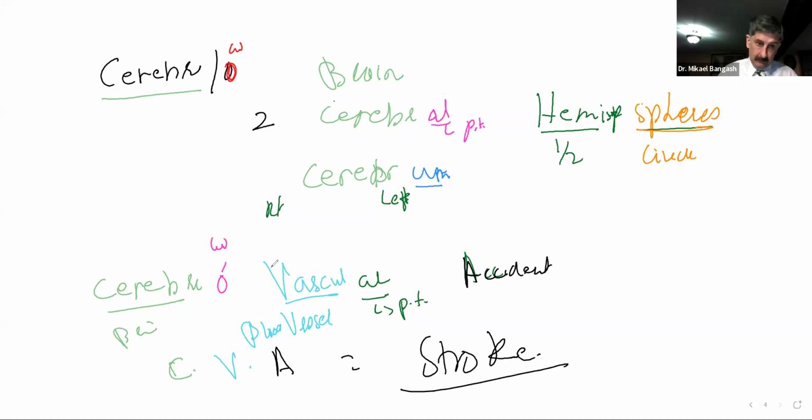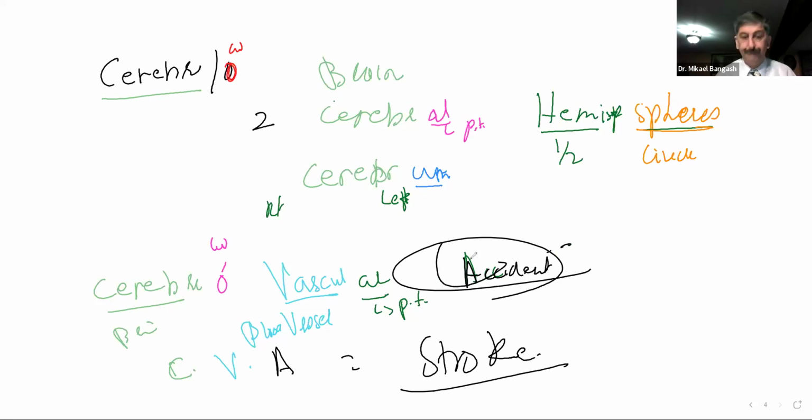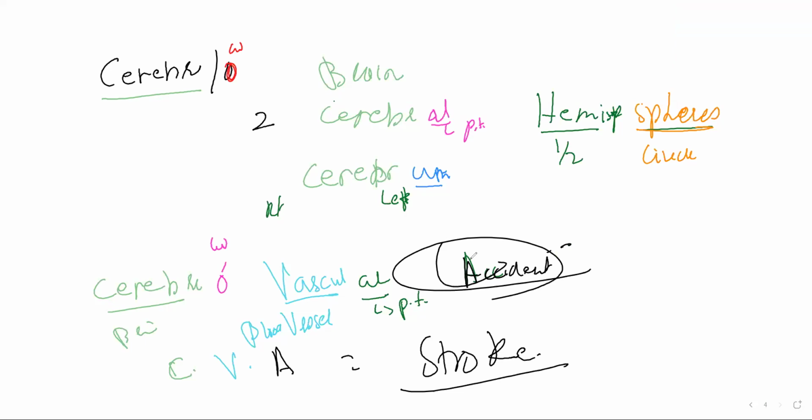Why do they call it a cerebrovascular accident? Because it's the blood vessels through the brain that got into problems. Did you guys get that? Yeah. Good.